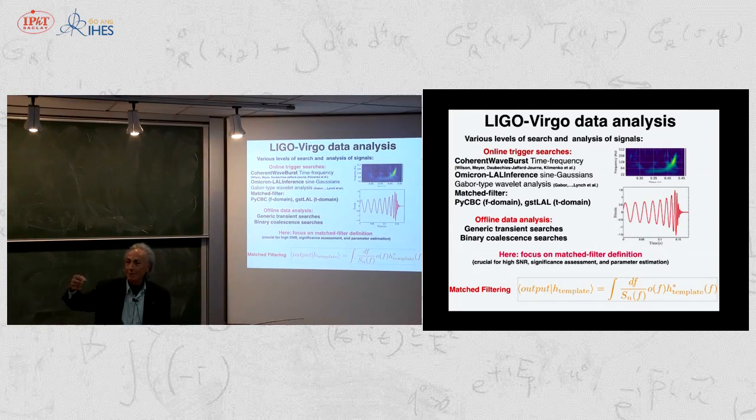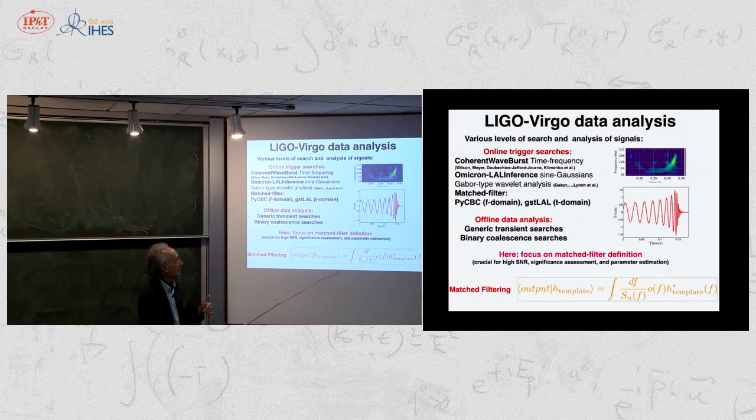parameters. We are talking about these signals lost in the noise, and you want to say what the source is: the masses, the spins. To do that, the method used is matched filtering, which means you have the output of the detector, which is very noisy. Then you do a correlation, with inverse weight by the noise of the detector, with a theoretical estimate of the expected signal.